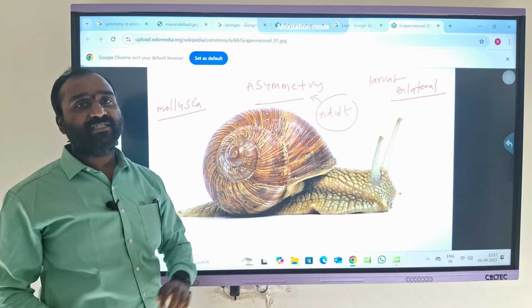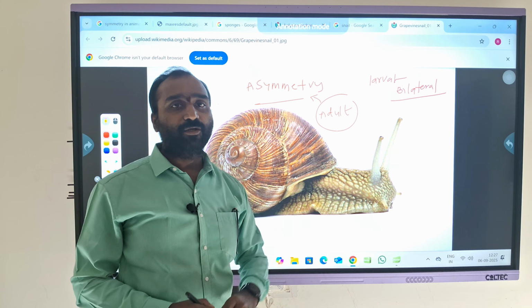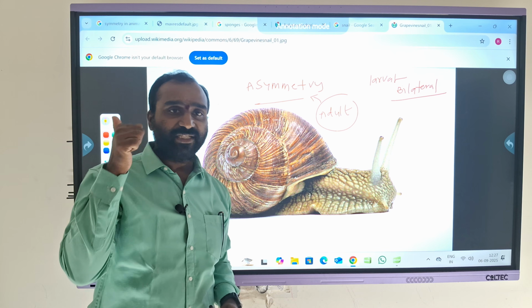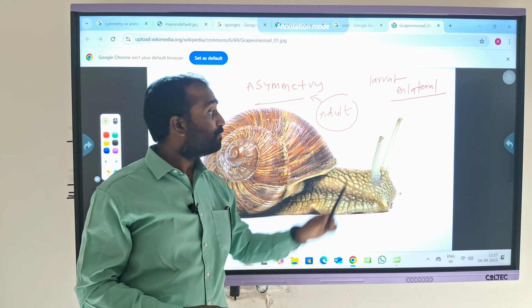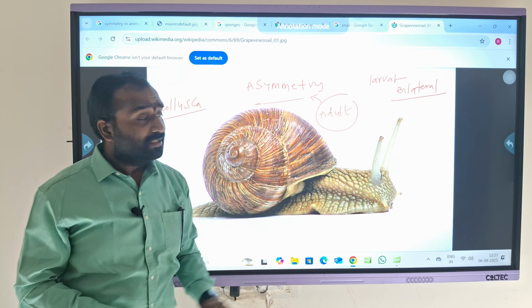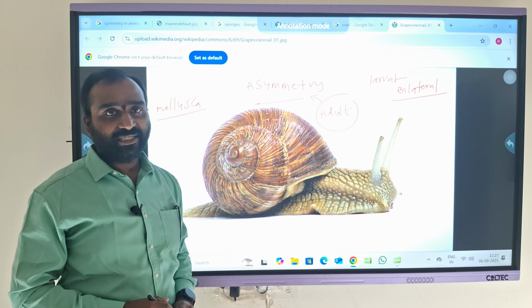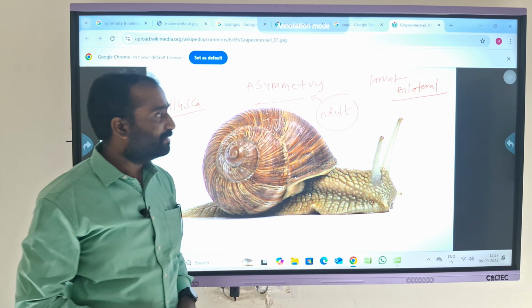So this is the best example for the asymmetrical organism, and here we need to remember two aspects: how the organism exhibits symmetry in the larva condition, and how it exhibits symmetry in the adult condition, right? So this is about asymmetry.